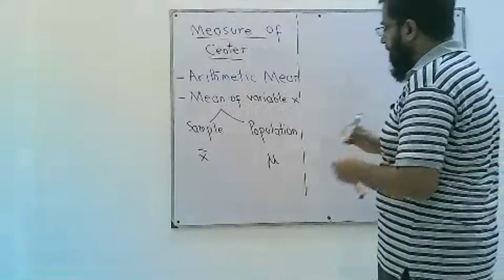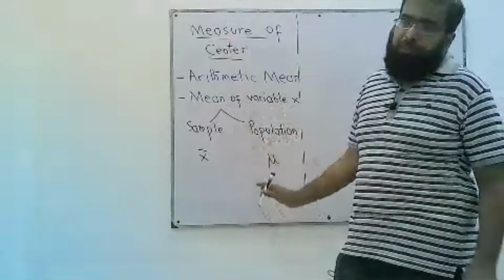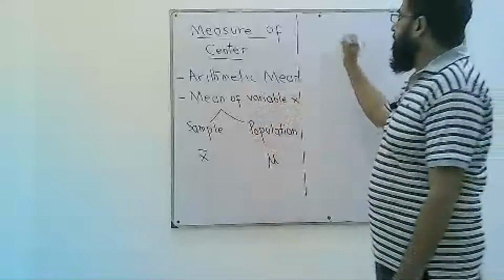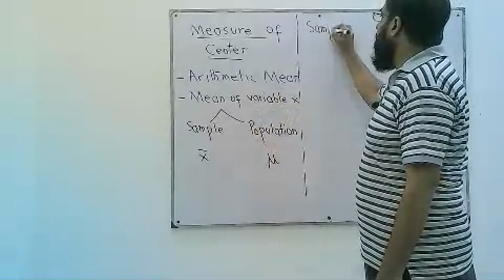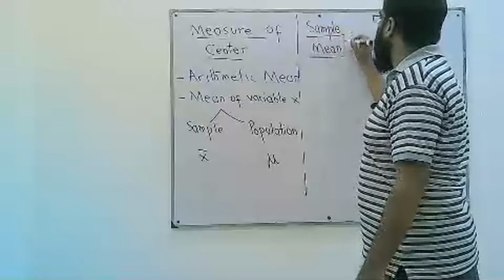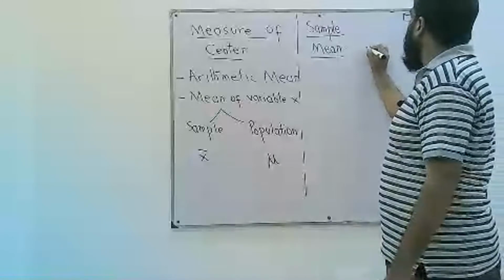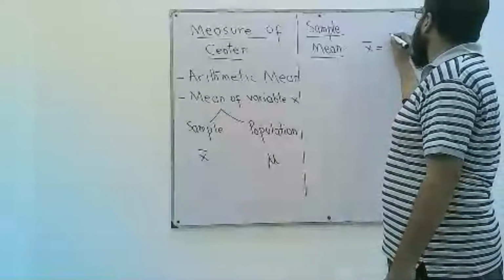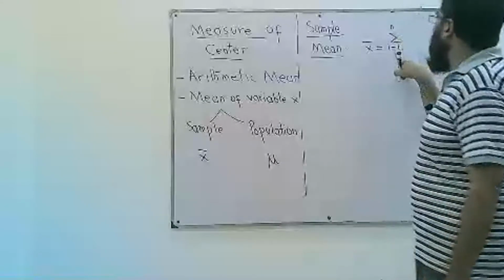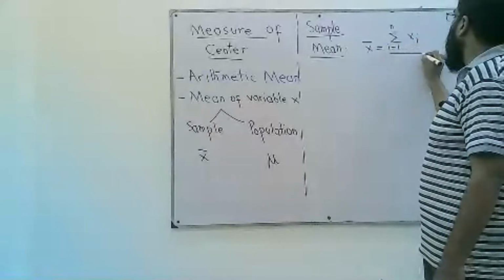How to compute the sample mean? Of course, computing the population mean would require going through every member of the population and making a lot of measurements, which is really difficult, or sometimes impossible. So we have to rely on the sample mean. The sample mean is x bar equals the summation over all measurements in the sample, divided by n.